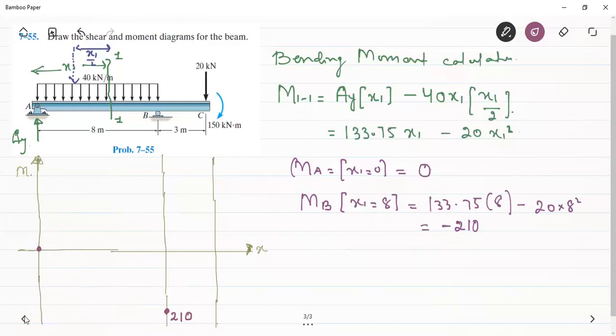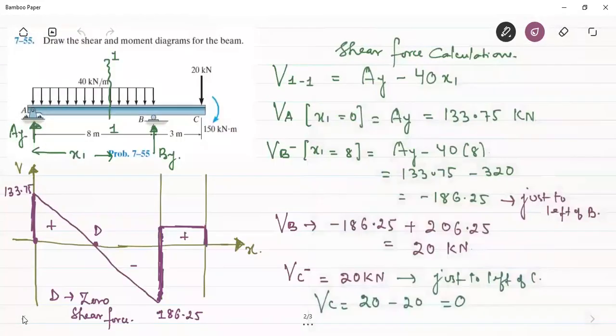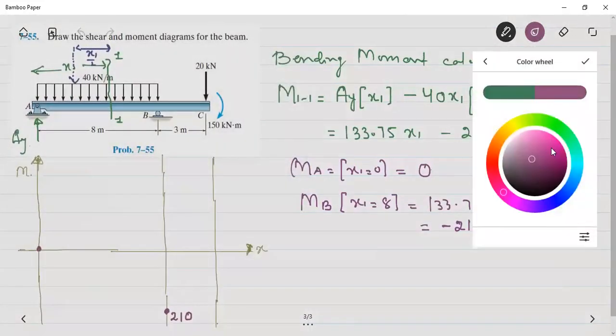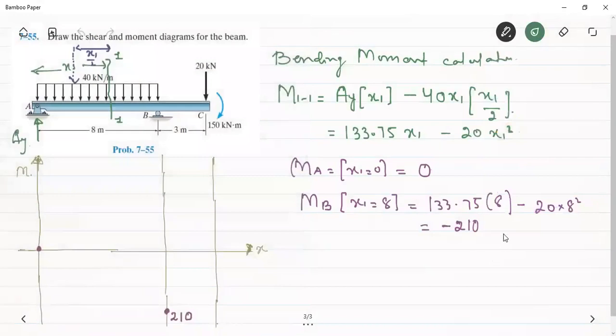But there is one important point to note, a very important relation that we are going to see in the upcoming lectures: shear force at any point is equal to the slope of the bending moment curve at that point.